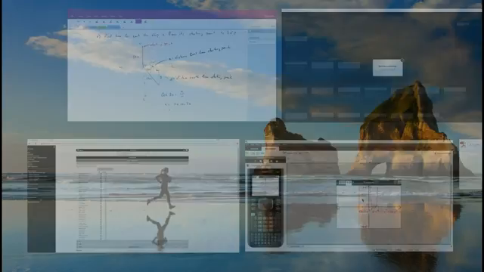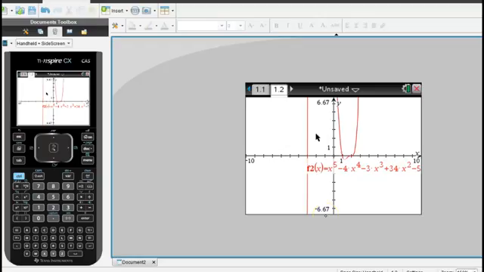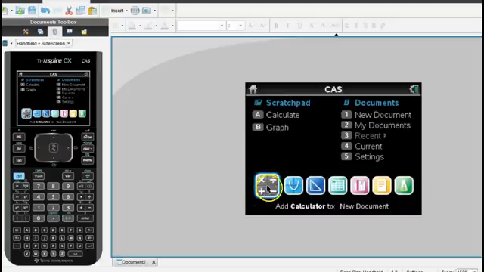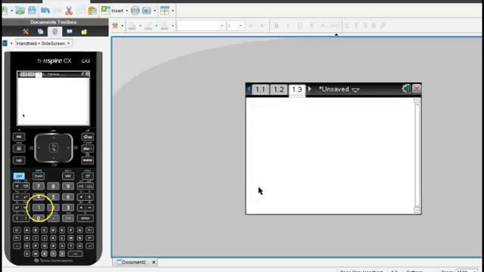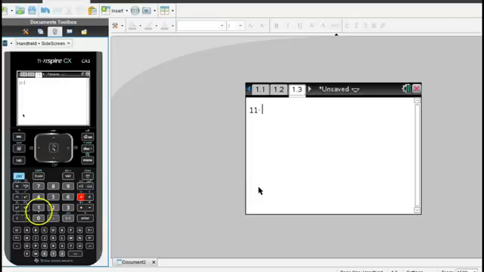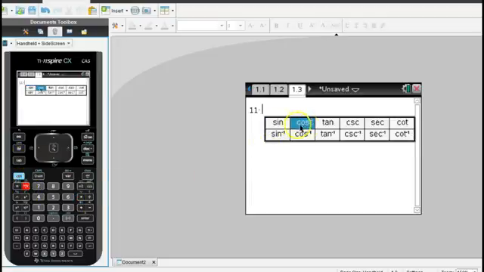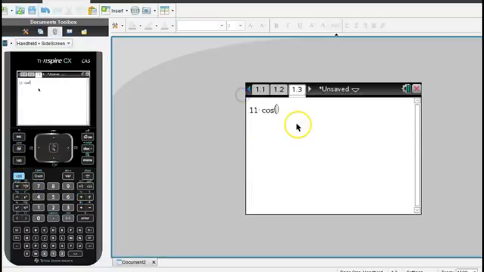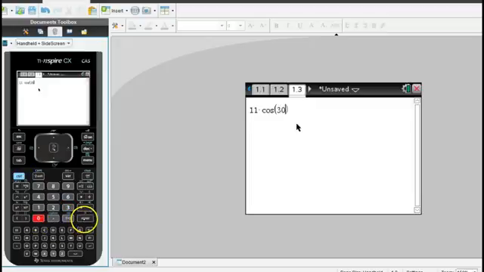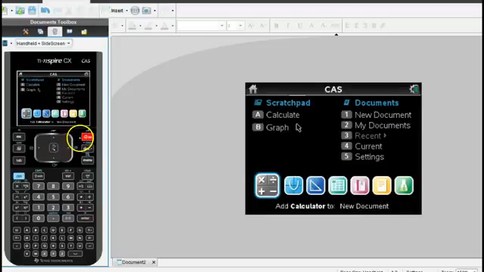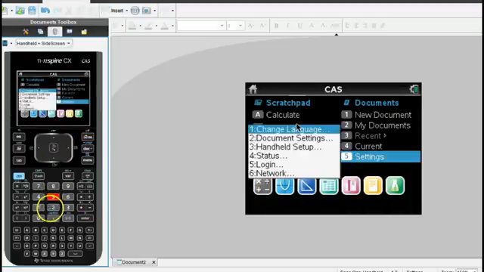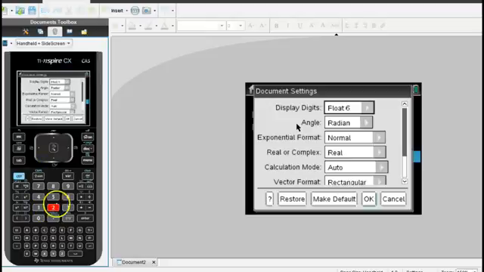And 11 times cos 30 is, if we go back and open up a calculator, 11 times cos 30, and I'm in exact mode, but that's 1.69. I wonder if I am in the right setting. Document settings. No, I'm in radians, so I want to be in degrees.